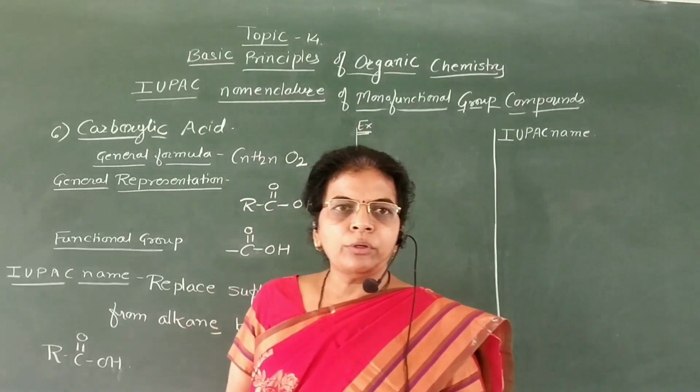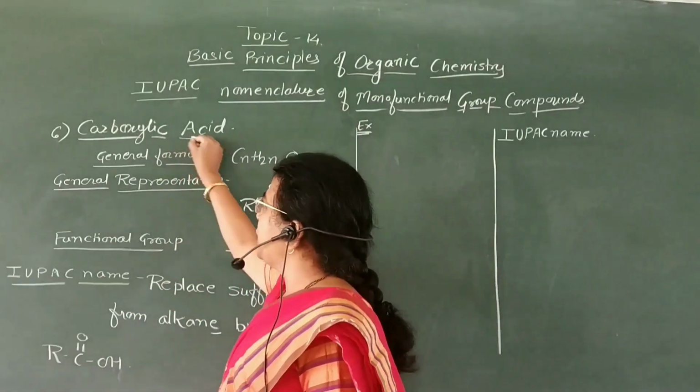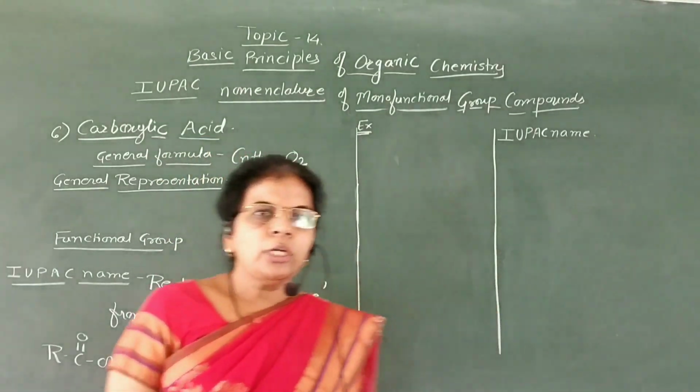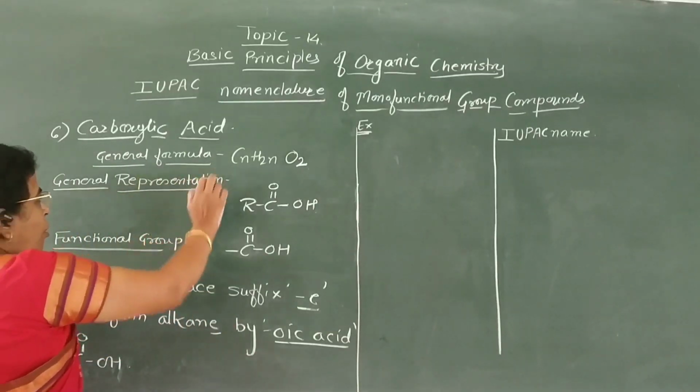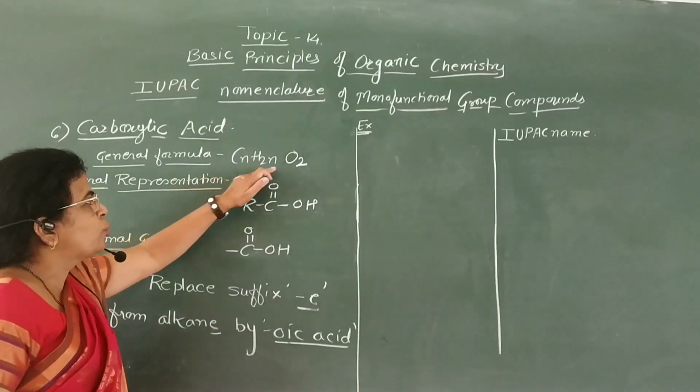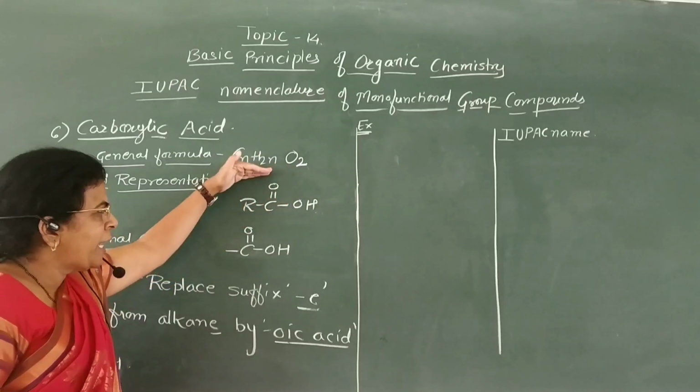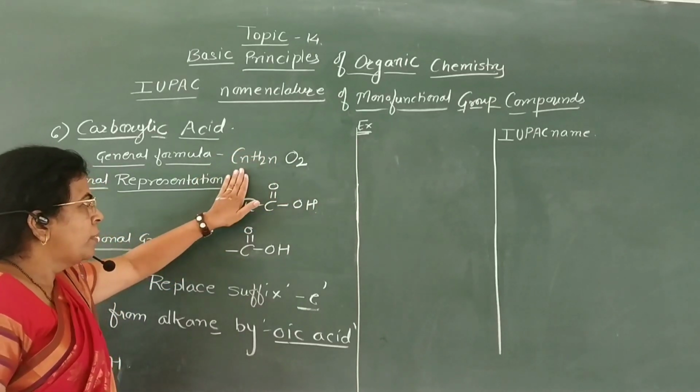The next compound we are going to see is carboxylic acid. The general formula of carboxylic acid is CnH2nO2. Now we can calculate this general formula.